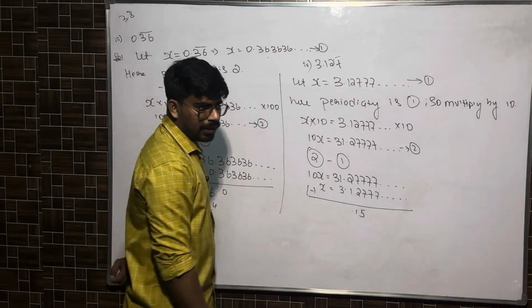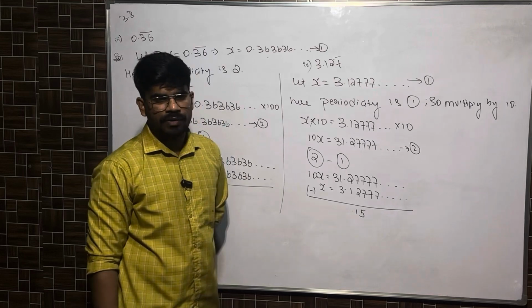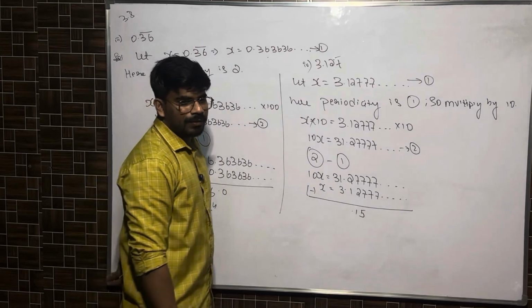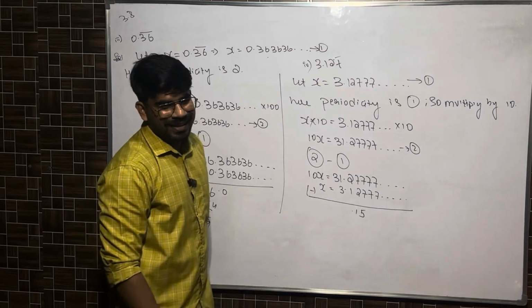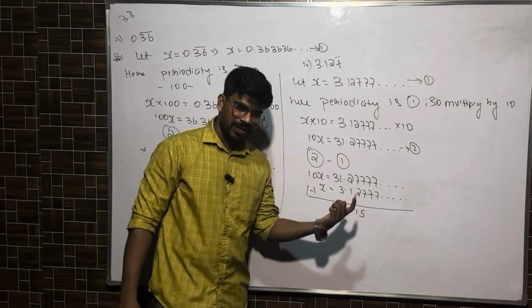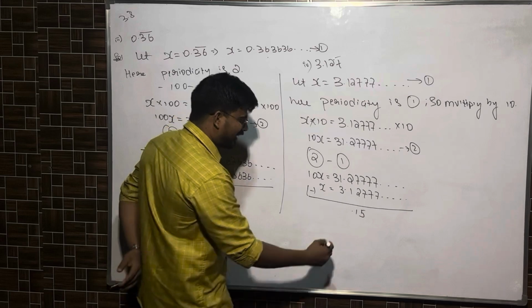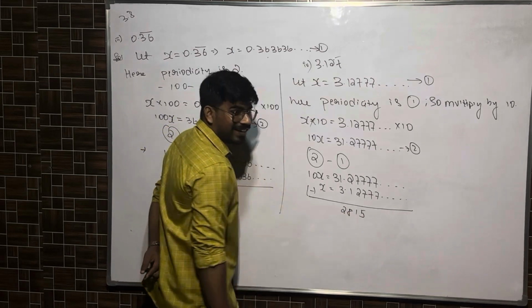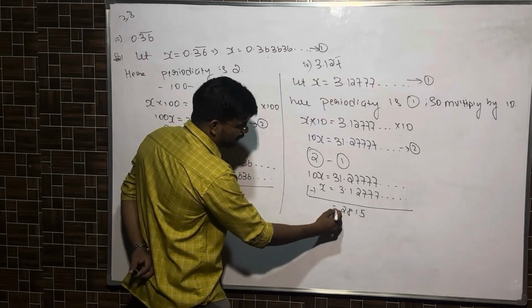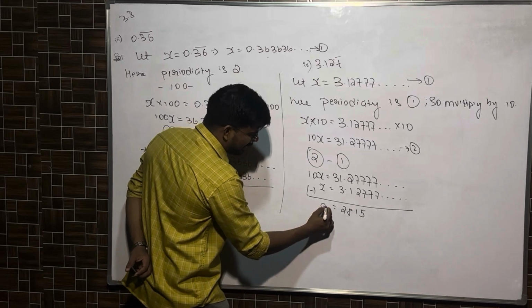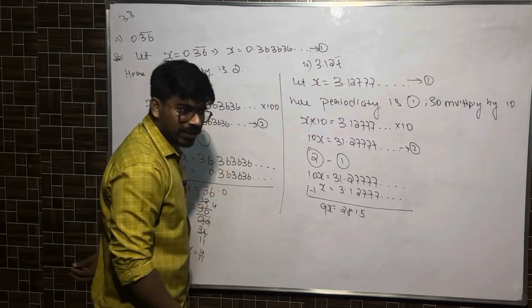Can we do 1 minus 3? Basically 31 minus 3 directly we will do. 31 minus 3 is nothing but 28. Point is equal to 10x minus x, 9x. Right. So now this is quite different.